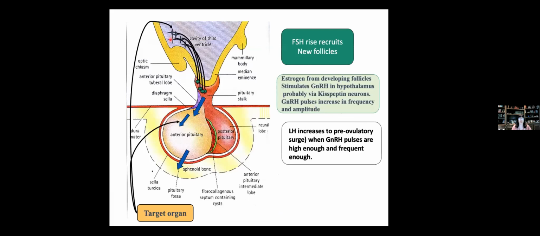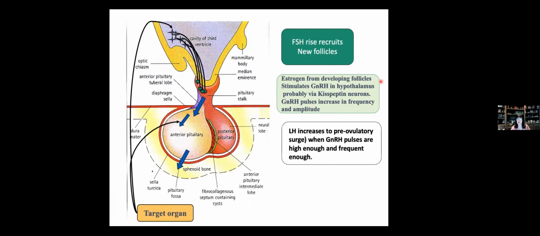So basically, you'll have the condition called positive feedback. And the positive feedback comes from the ovary here. The target organ here is the ovary. And estrogen is secreted by the growing follicles. And of course, the follicles are stimulated by follicle stimulating hormone.